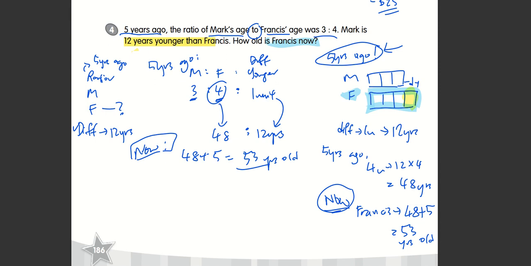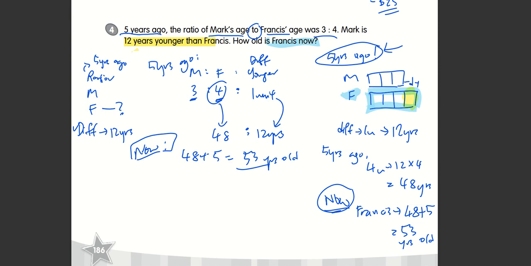Okay, so the most important part is that you've got to realize that when you're talking about past and present, you are looking at addition. You must be very careful here, because the 12 years younger was the unit they're referring to 5 years ago.